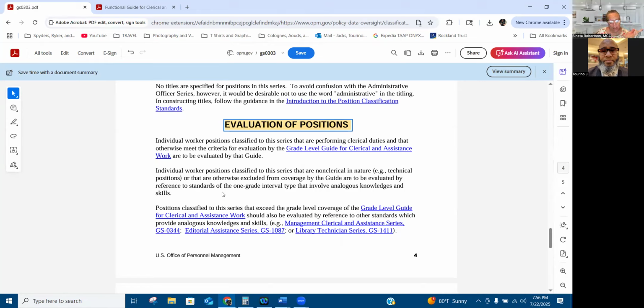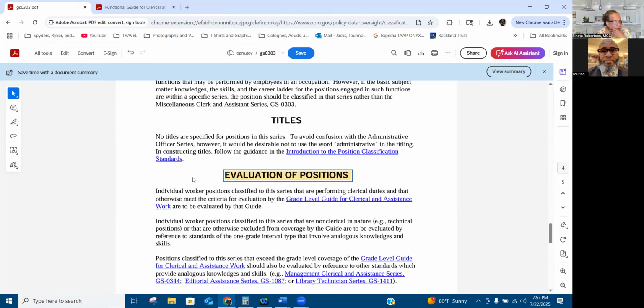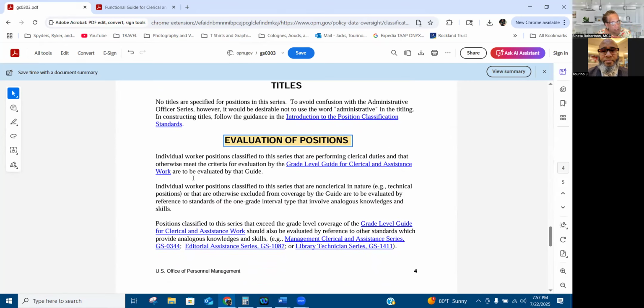So like the difference between a medical assistant versus a PSA, the medical one is going to be graded differently. You're going to use a different standard. You may not use the guide.